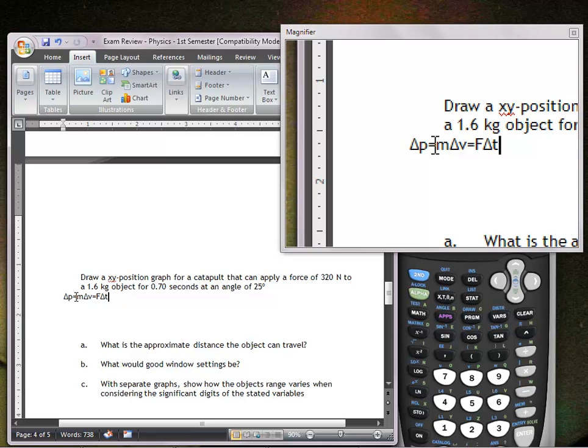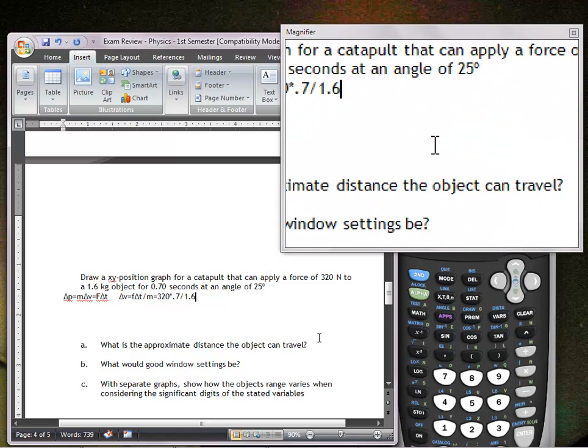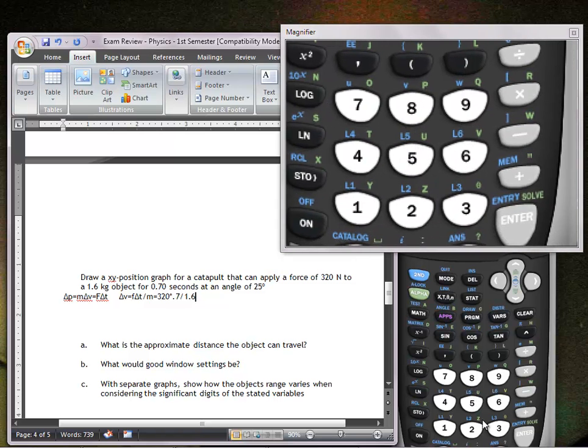So let's simply rewrite this. The change in velocity is equal to the force times the change in time divided by the mass. And so for our object, 320 newtons times 0.7 seconds divided by the mass of 1.6.